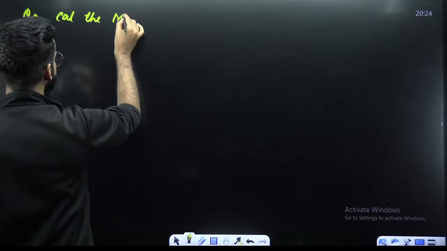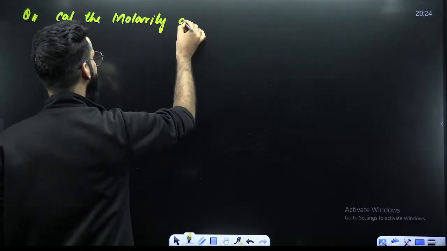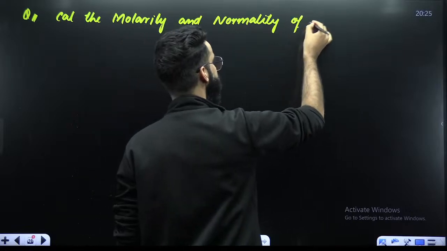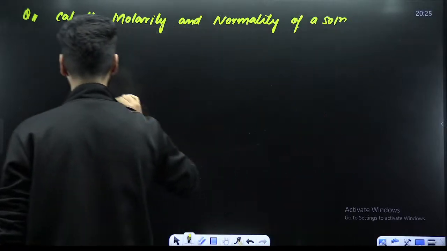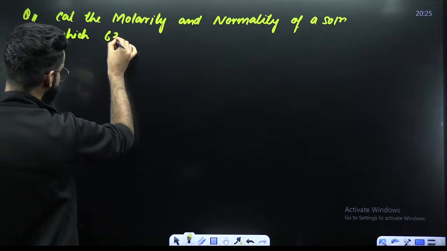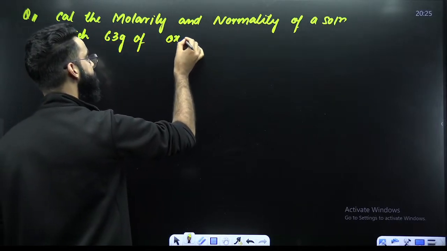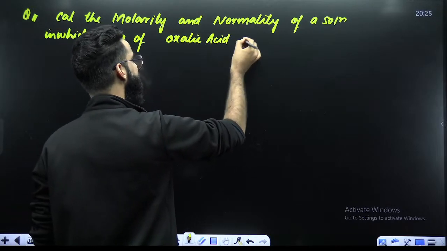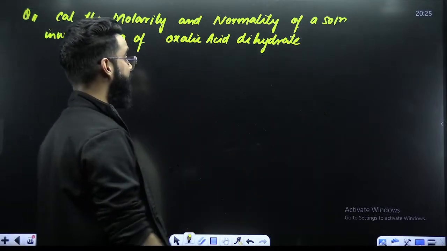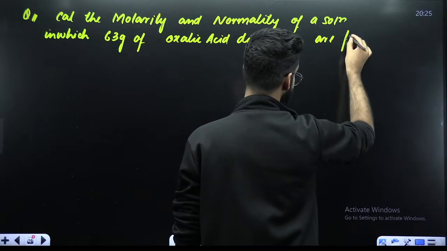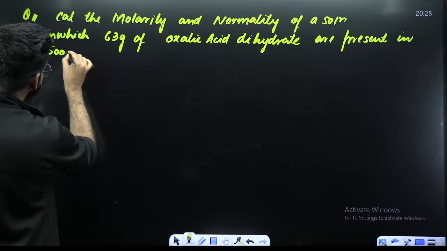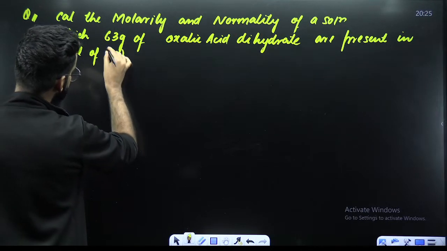Calculate the molarity and normality of a solution in which 63 grams of oxalic acid dihydrate are present in, for example, 500 ml of aqueous solution.